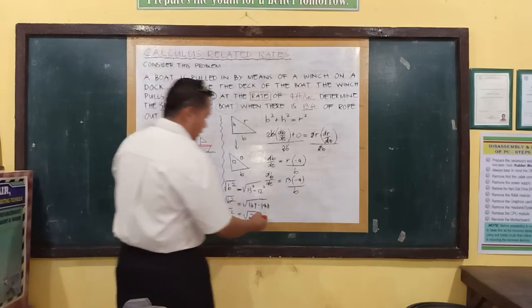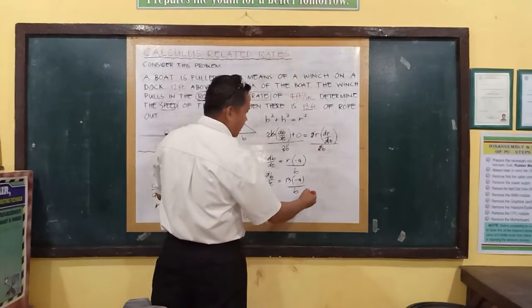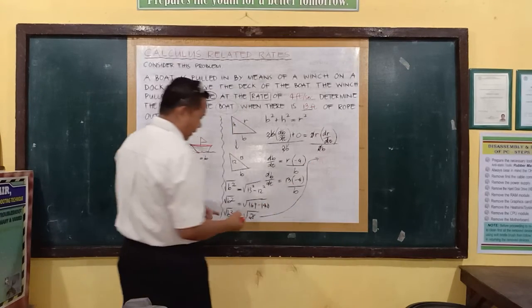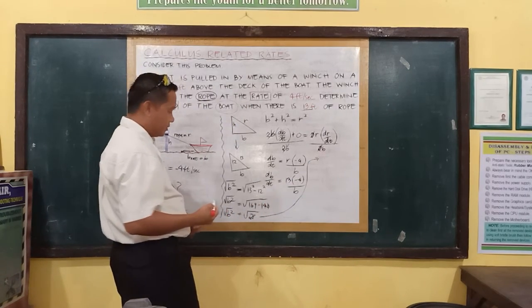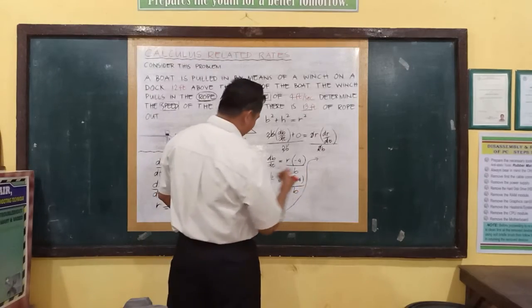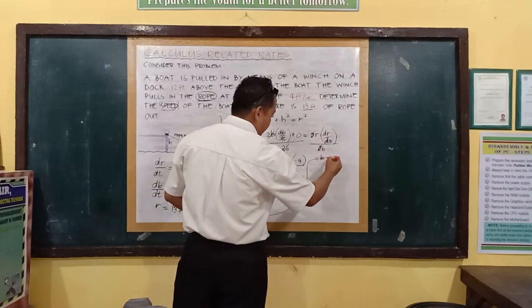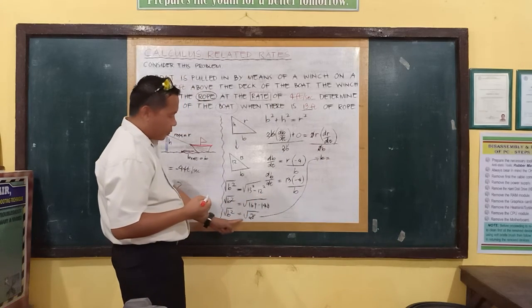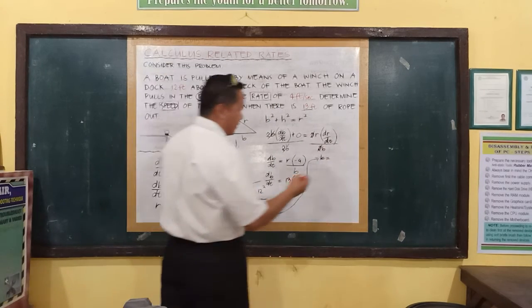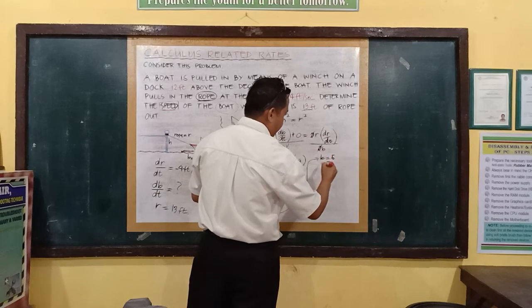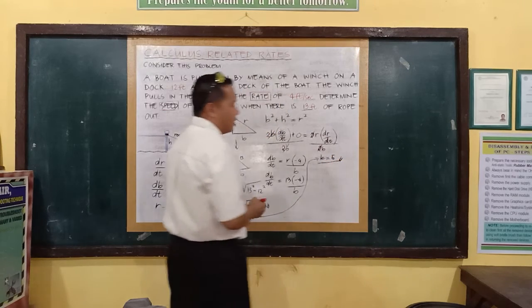Okay. We are going to bring this one here, this side, and we are going to continue the process. We have the square root of B squared is B equals the square root of 25, which is simply 5. Alright.